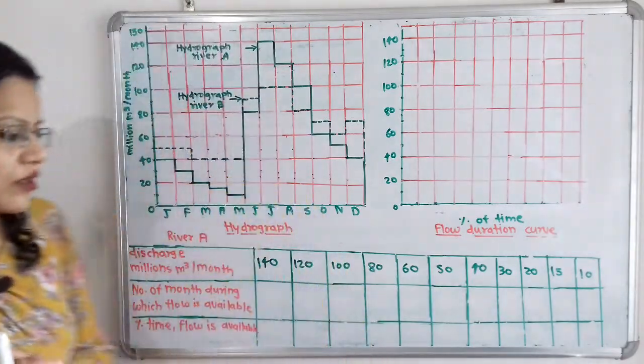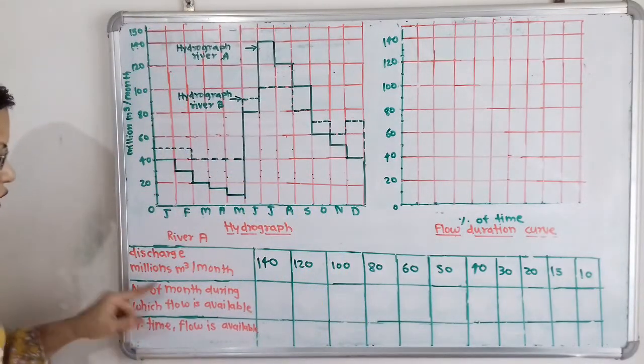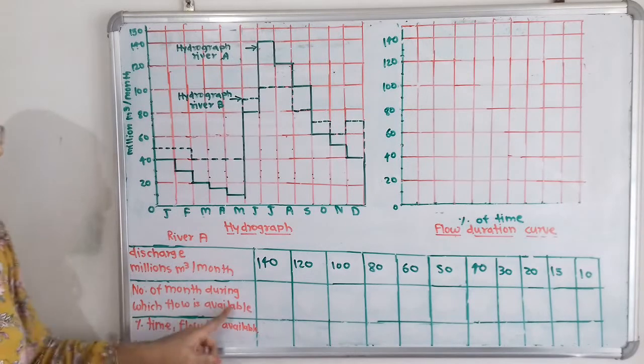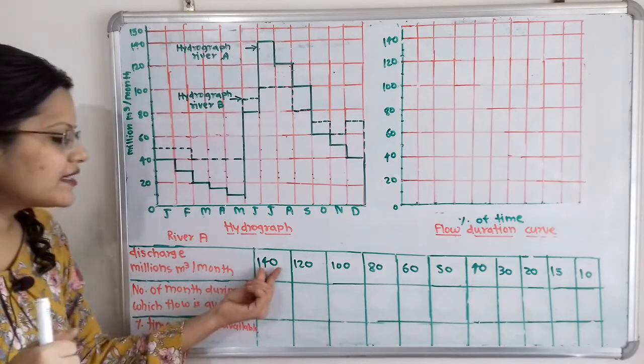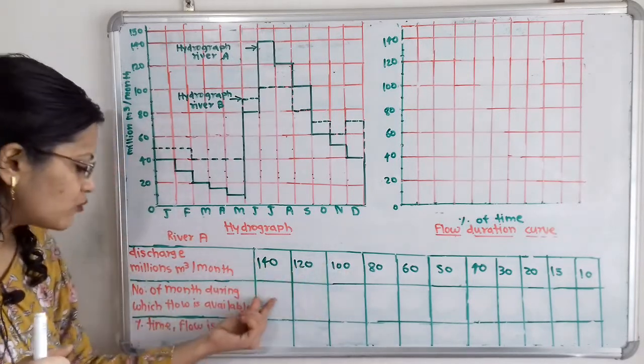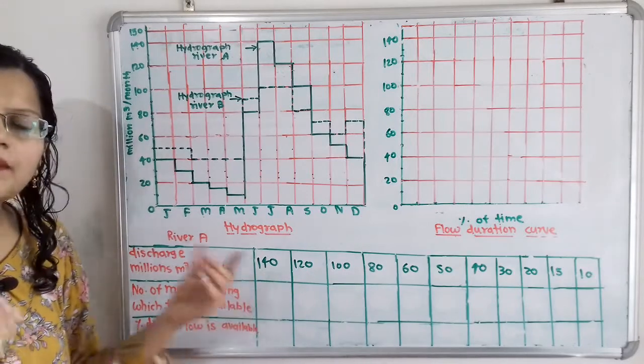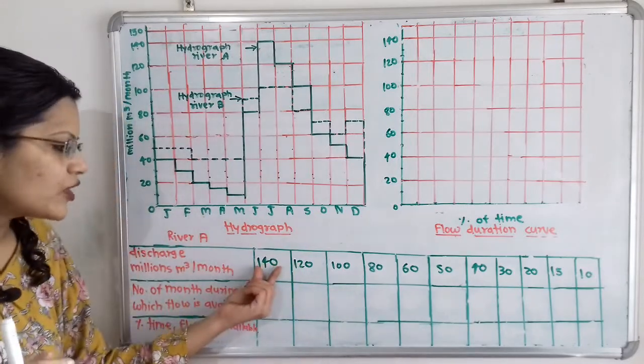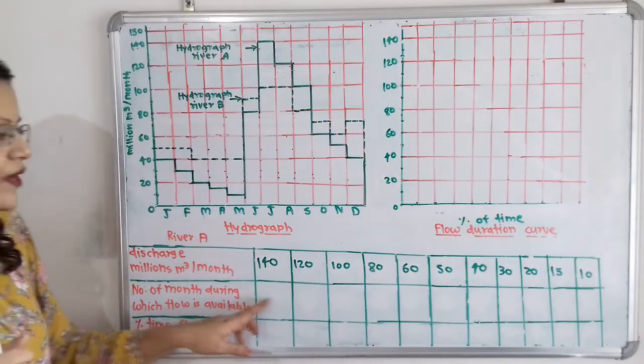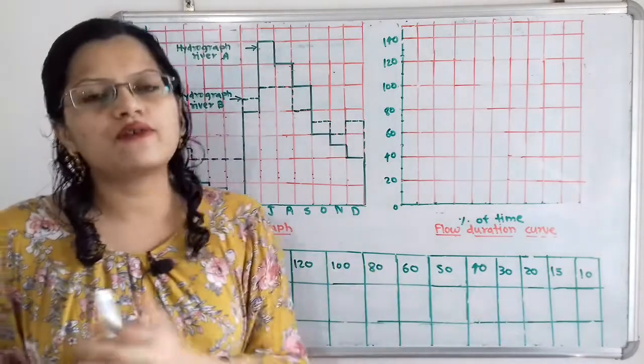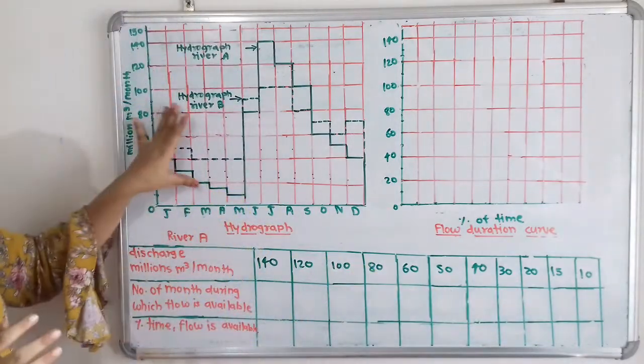Then the next row will be the number of months during which flow is available. Regarding the given discharge, we have to write how many months this flow is available. To fill this row, we have to refer to this hydrograph.